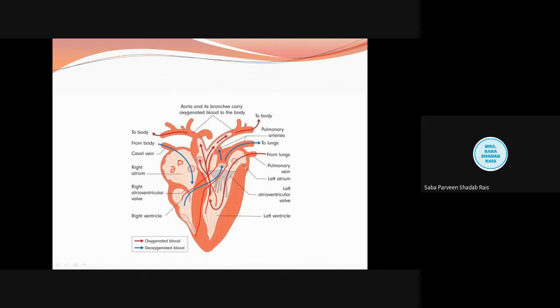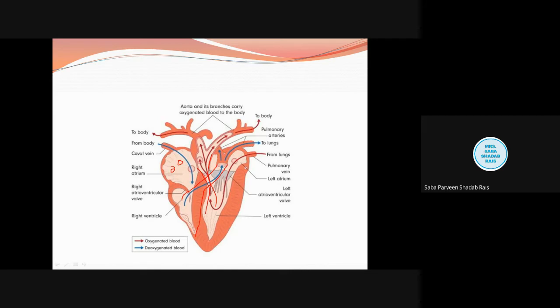Once the left atrium is filled, it is going to drive the blood inside your left ventricle, and once the left ventricle is filled, it is going to give pressure on the three semilunar valves, and they will open, giving the blood to the body by your aorta. This way the blood is transferring through the four chambers.